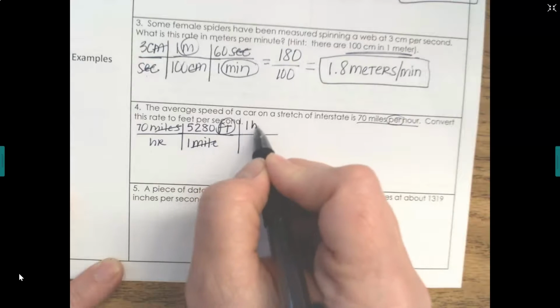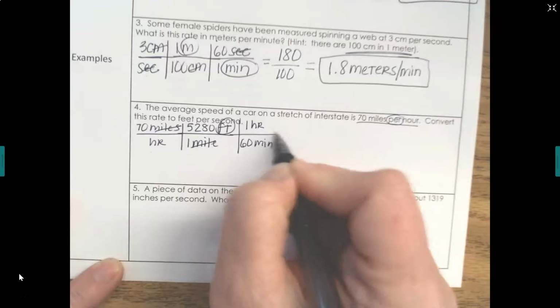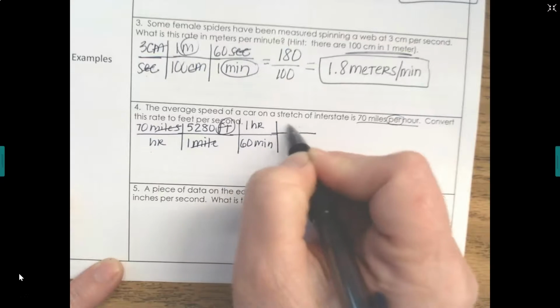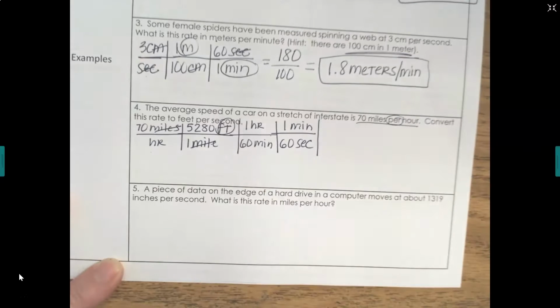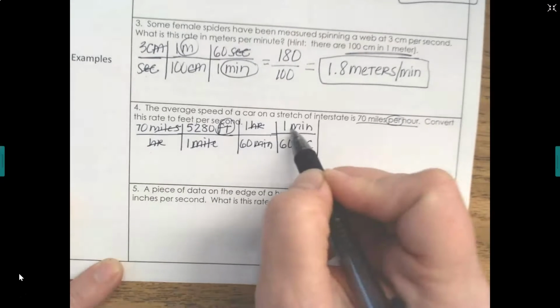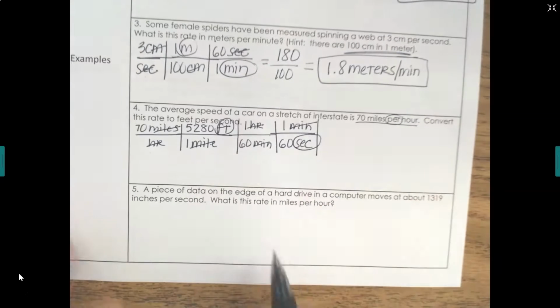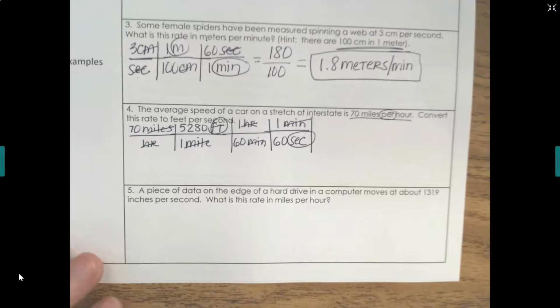So we know 1 hour is 60 minutes, and that 1 minute is 60 seconds. So hour cancels with hour, minute cancels with minute. We're in seconds. So we are currently in feet per second, which is what our problem asks us to do.